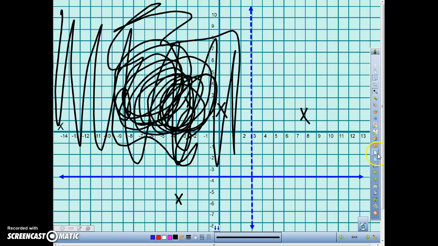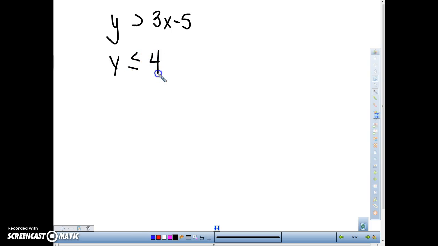Okay, let's do one more just like this. So we have y is greater than 3x minus 5, and we have y is less than or equal to 4.